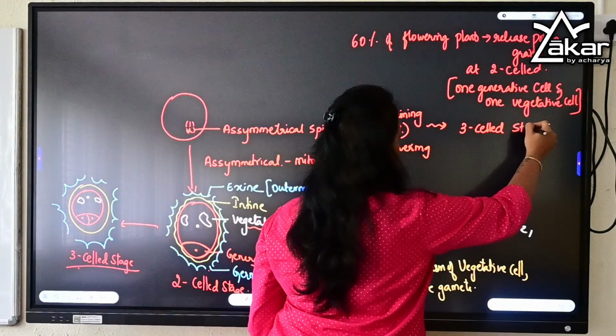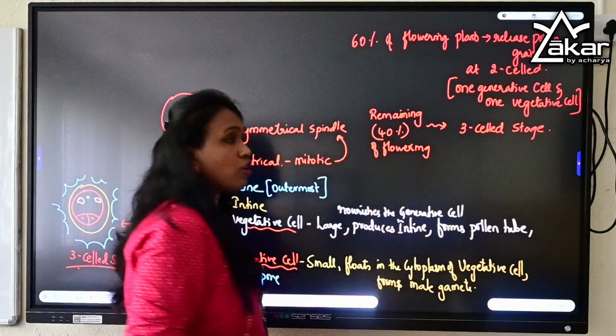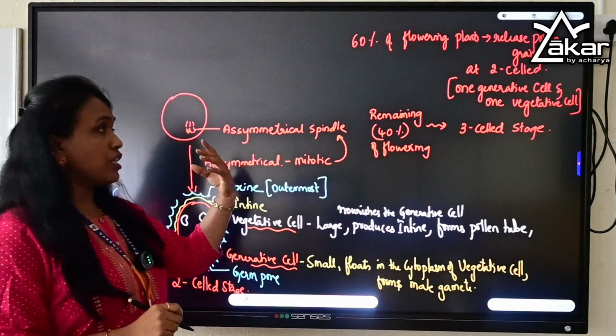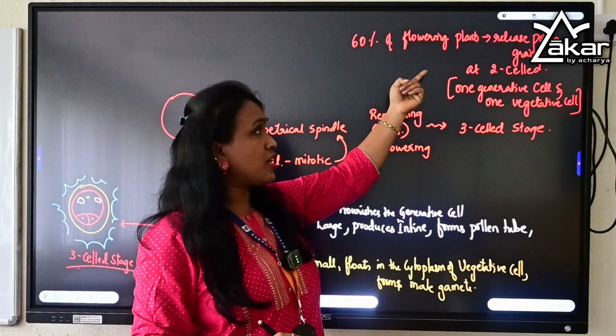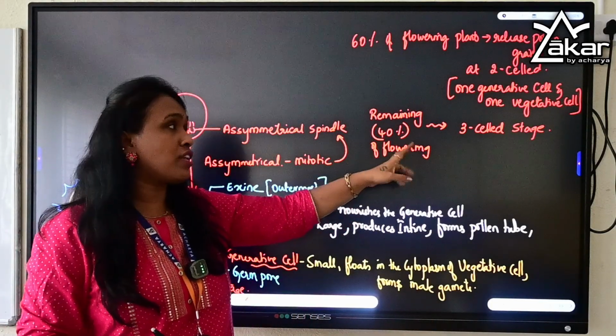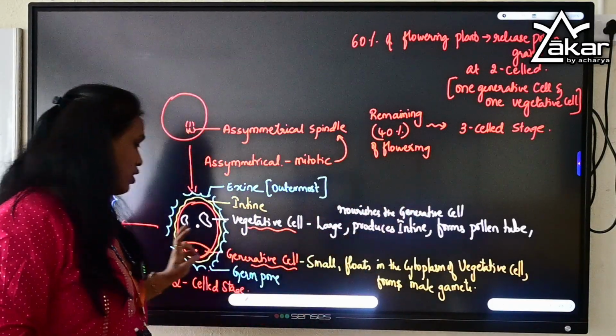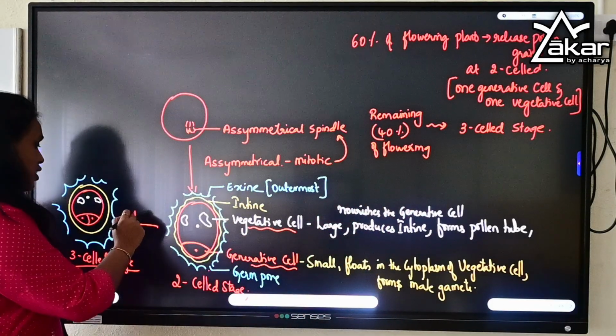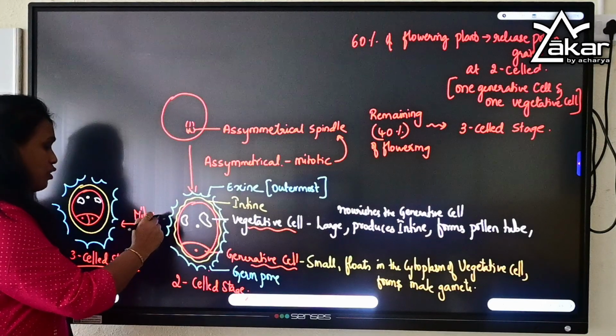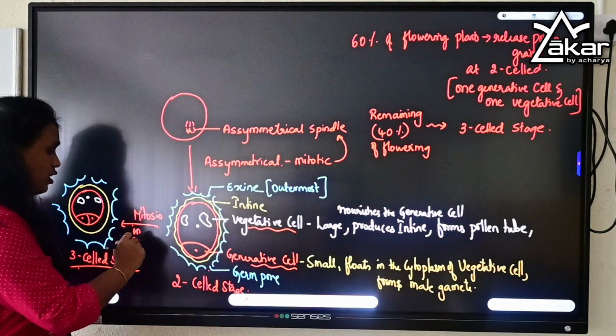You should also notice that whether the pollen grain is released at the 2-cell stage or the 3-cell stage, a 2-cell stage grain will compulsorily undergo the 3-cell stage by a simple mitosis of the generative cell.